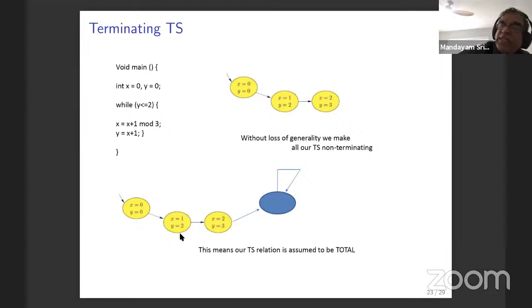Those states that don't distinguish those properties can all be collapsed into one. So based on your property, you can collapse an infinite number of states into a single symbolic state and still analyze that infinite state system. Okay, so that is the key idea.